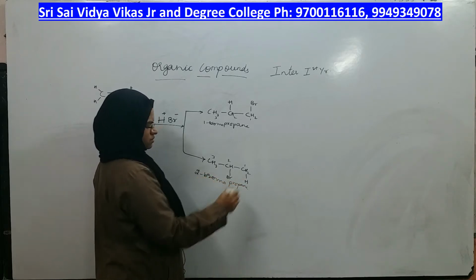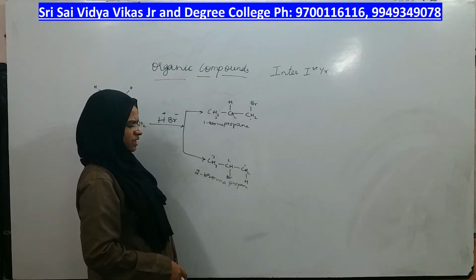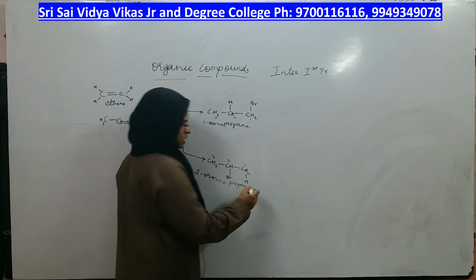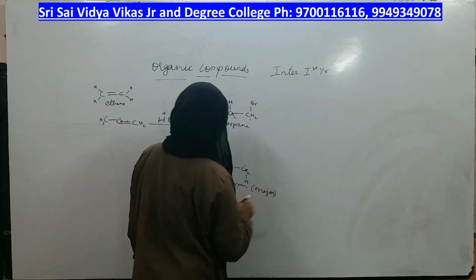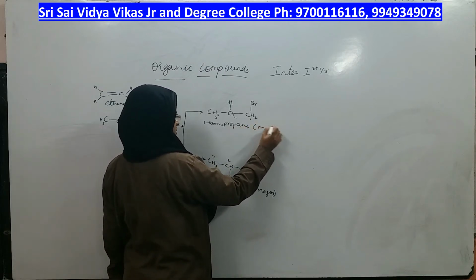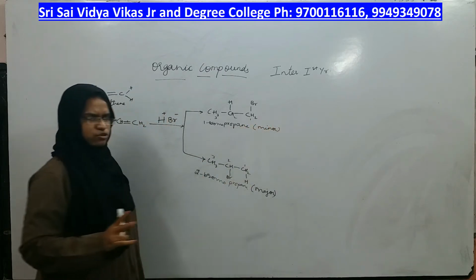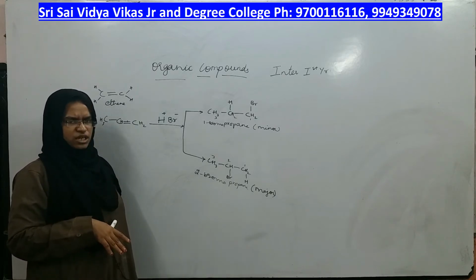Out of 1-bromopropane and 2-bromopropane, what is the major product? Is this product. And what is the minor product? Is this product. Why are you getting two products in unequal ratios? Why are 50-50 chances not there?